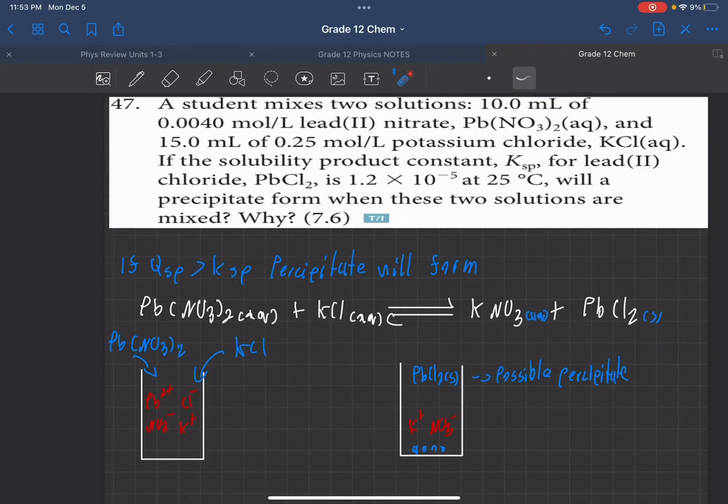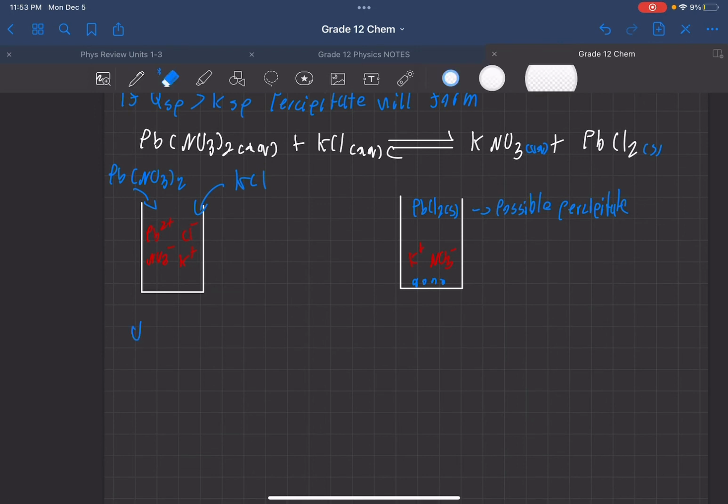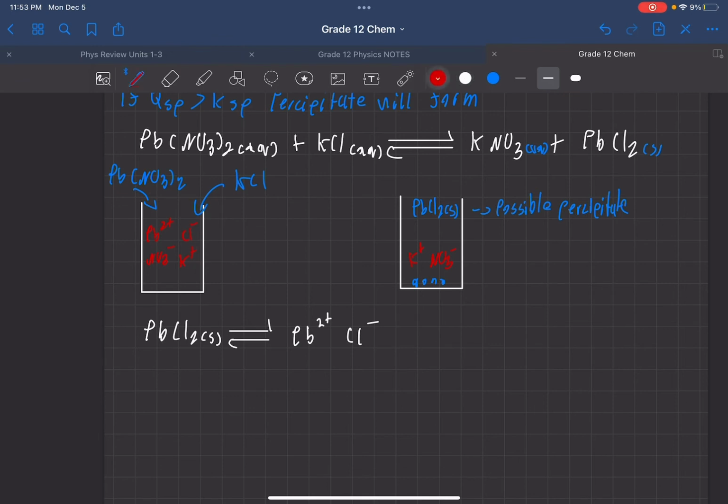Okay, so now that we have found our precipitate, we can come up with the QSP expression. So let's first dissociate this precipitate. PbCl2 solid turns into our Pb2+ and our Cl-, and these are both aqueous, and the Cl has a 2 on it.